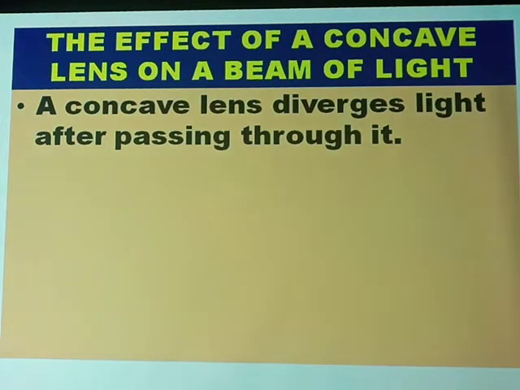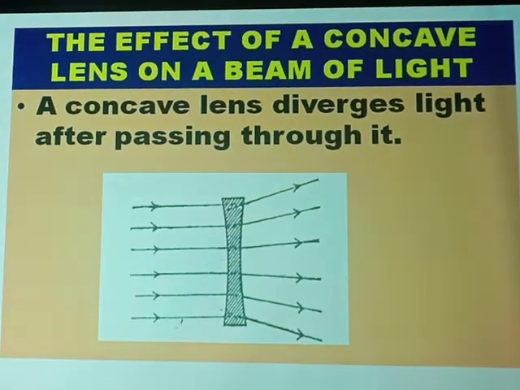When I talk of collimated, I mean a parallel beam of light. Now, let's look at this diagram and see what happens. You will realize that these rays of light are hitting a concave lens. After passing through a concave lens, all of them diverge.